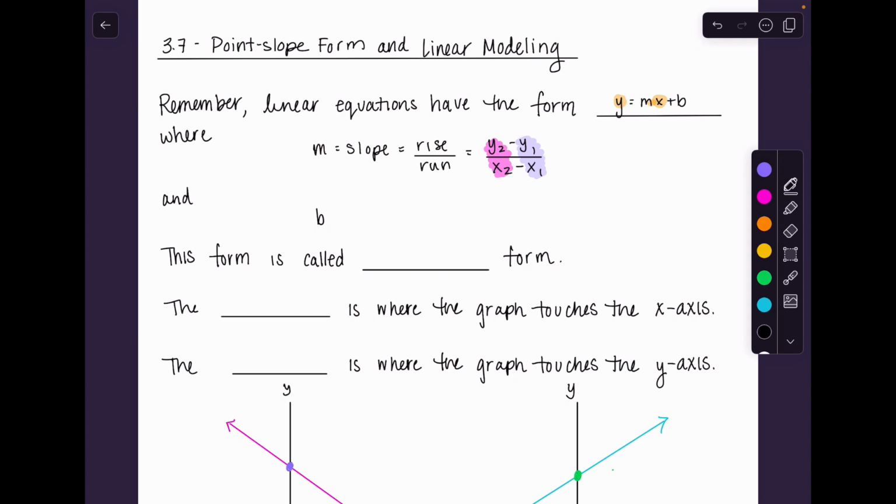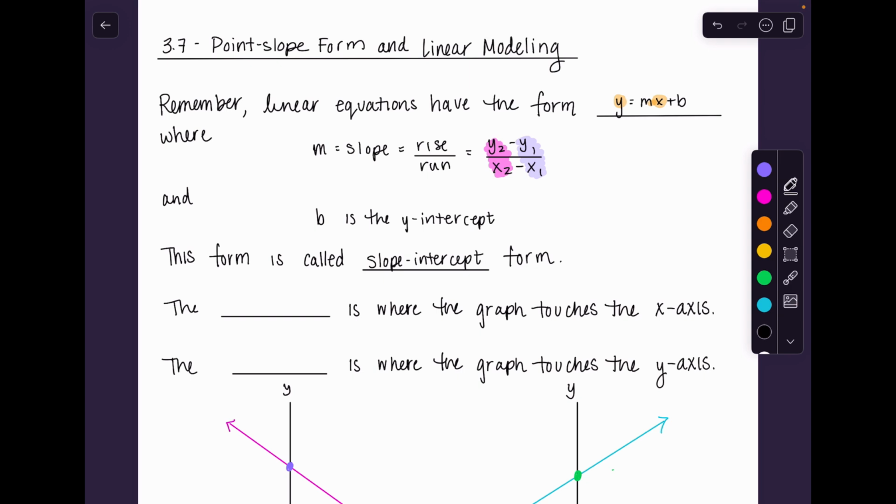And then that value of b is that initial amount, but is also the y-intercept. This particular form, because we have these two components, the slope and this y-intercept, is called slope-intercept form.